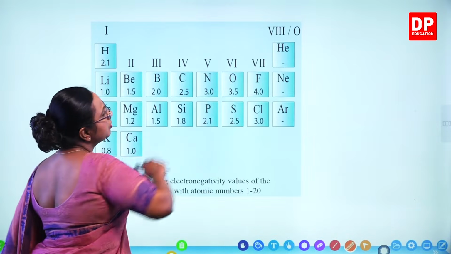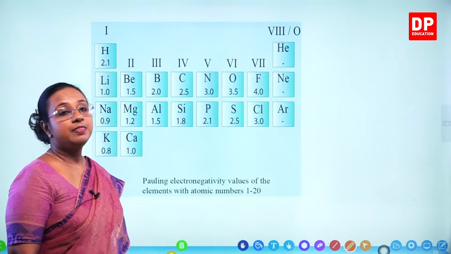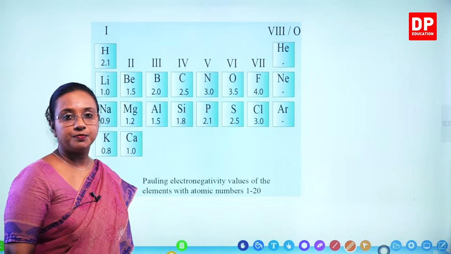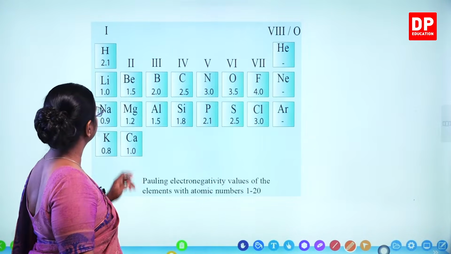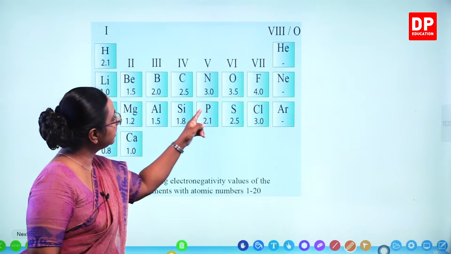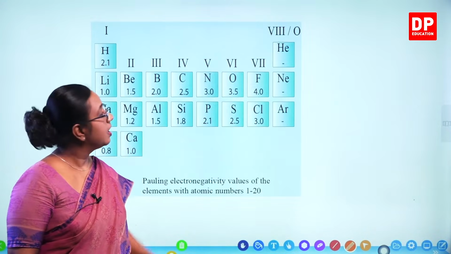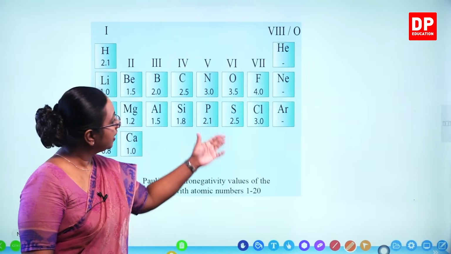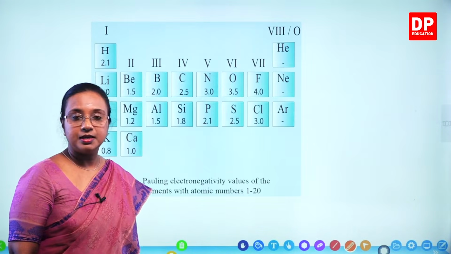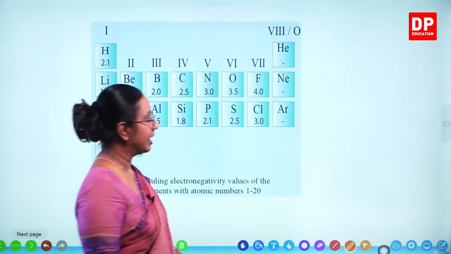Then if we go to helium, that is in group 8, there is no value. Again, you go to the second period. Starting from lithium up to fluorine, there are values. But there is no value for neon. Again, argon. There is no electronegativity value.